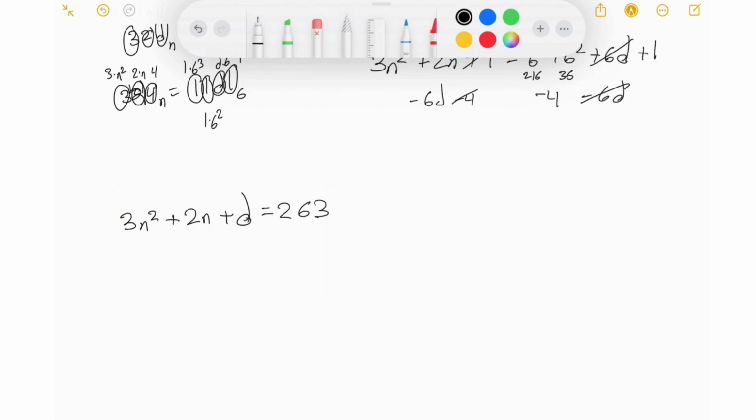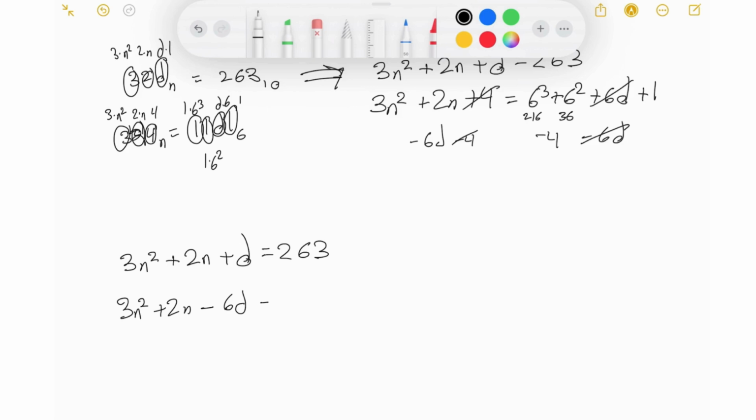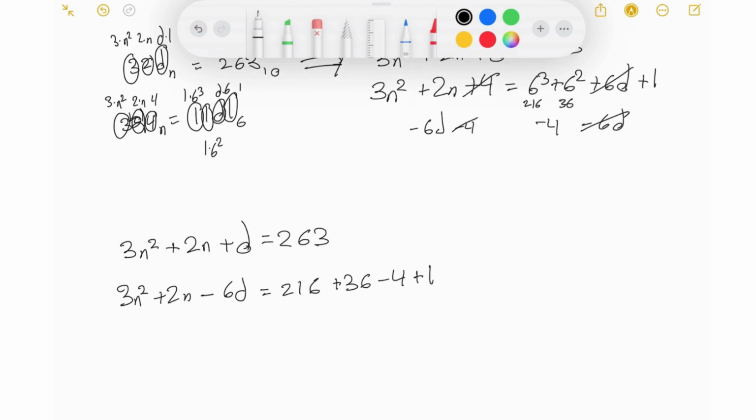And now our new equation is 3n squared plus 2n minus 6d is equal to 216 plus 36 minus 4 plus 1, which is equal to 249, if I'm calculating this right. Yeah, 249.